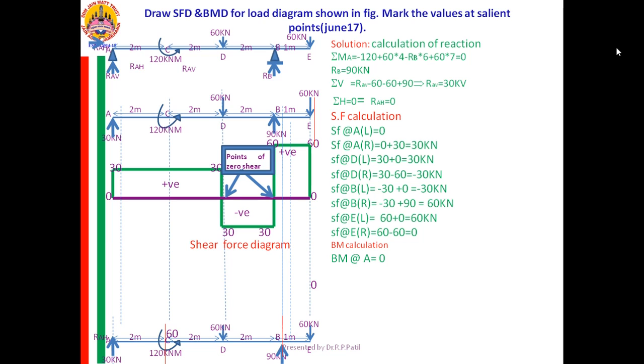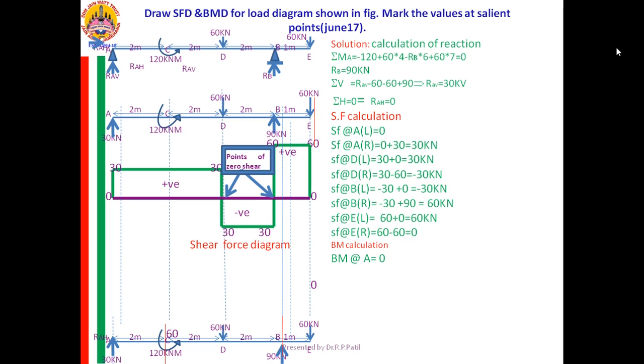Yes, the couple is exactly at C. You are cutting it at the left of C. Therefore, the right part, that couple will be there. But you are taking the calculation for the left part.